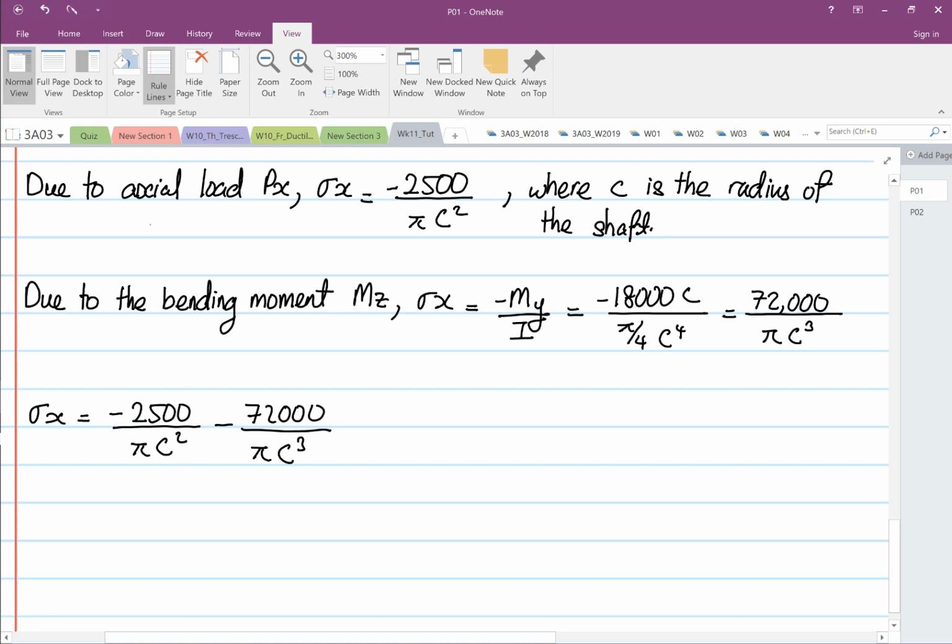Okay, so I can get the terms together, common denominator, divide by pi c cubed.